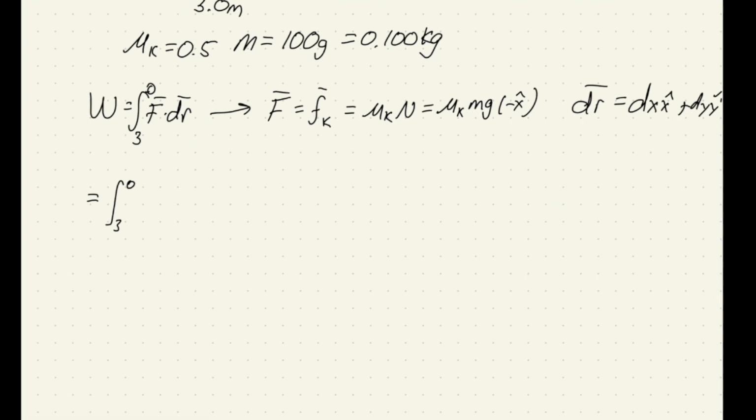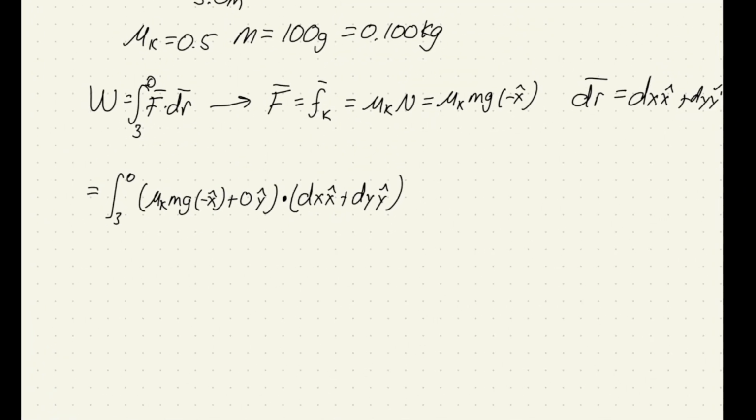And the integral is going to be f dot dr. So I'd have my mu k times mg in the negative x hat direction plus 0 in the y hat direction. And we dot that vector into dx x hat plus dy y hat.